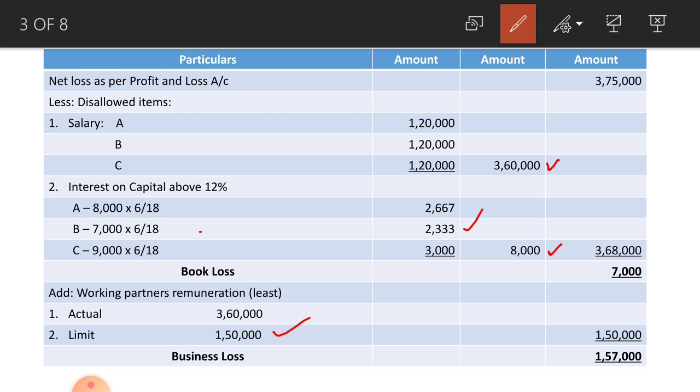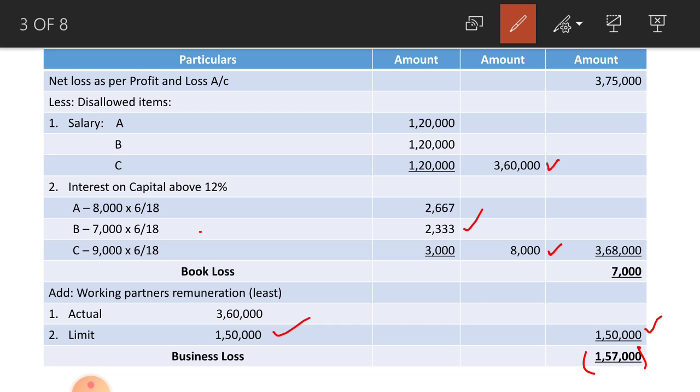Here 1,50,000 is less, that is why you are considering 1,50,000. So the total business loss now amounts to rupees 1,57,000. That is 7,000 of book loss and expenditure of 1,50,000. Total business loss amounts to rupees 1,57,000. This is in minus figure, that is loss.